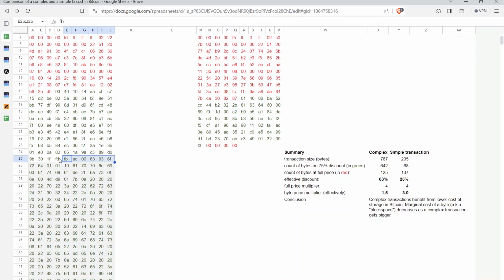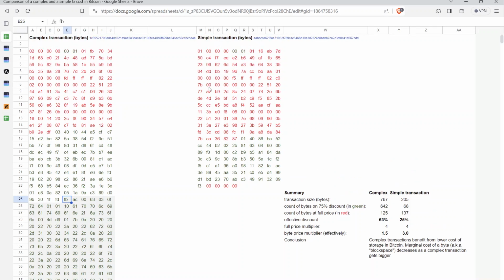And what spammers exploit is this witness discount. So they push the bytes and exploit the 75% discount, while with just simple transactions, they pay the full price for most of the bytes in the transaction. Only a small percentage of the bytes enjoy the discount.